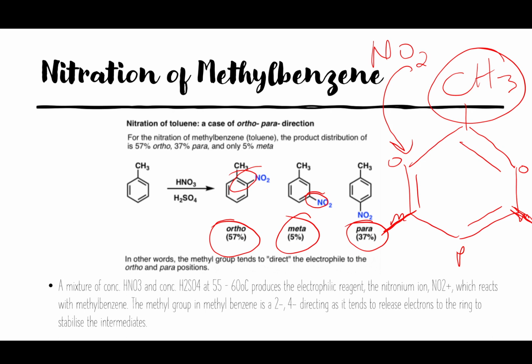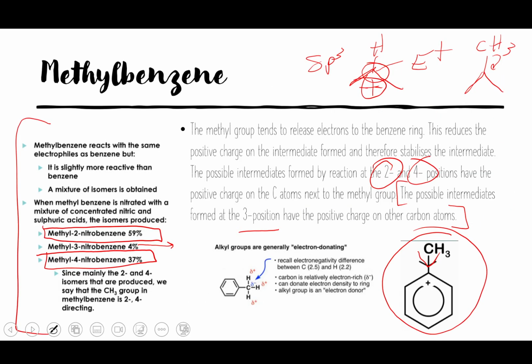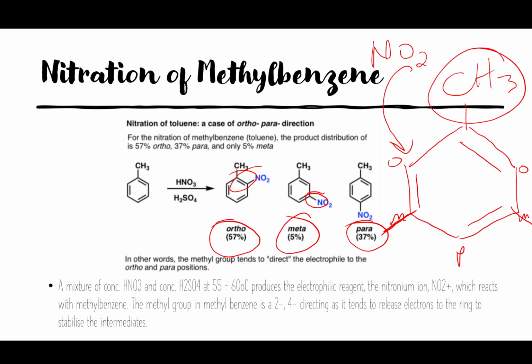Can you go over again why the meta group would be unstable? Okay. So I haven't gone in depth on why it's not stable, but essentially I just included this line to explain that. The possible intermediates formed at the third position have a positive charge on other carbon atoms, right? So what we're saying is that the methyl group is able to stabilize at the ortho and at the para positions.